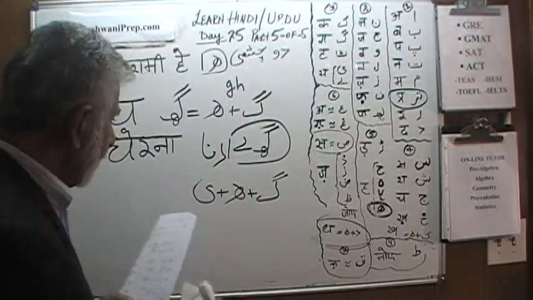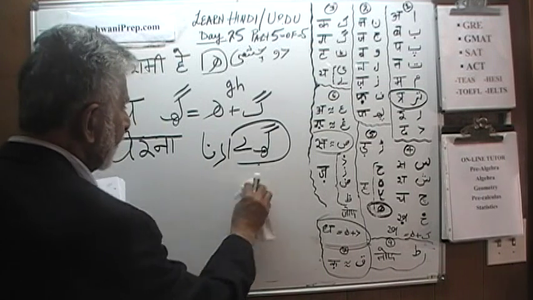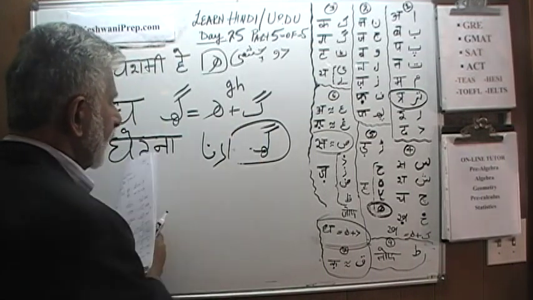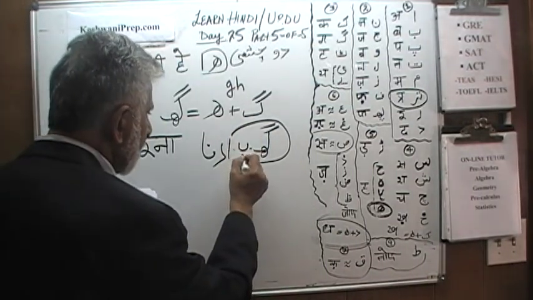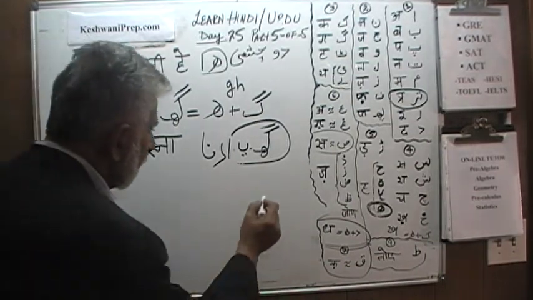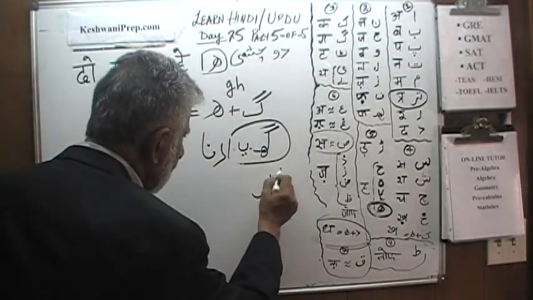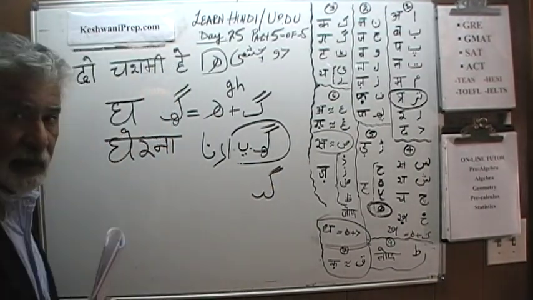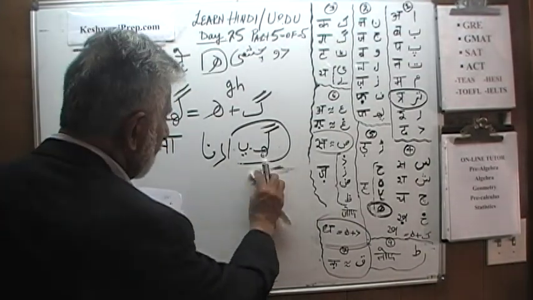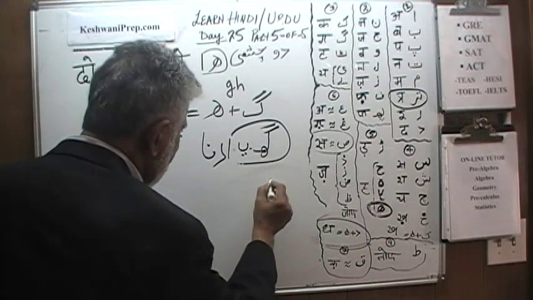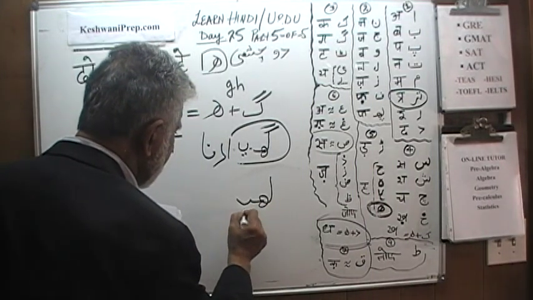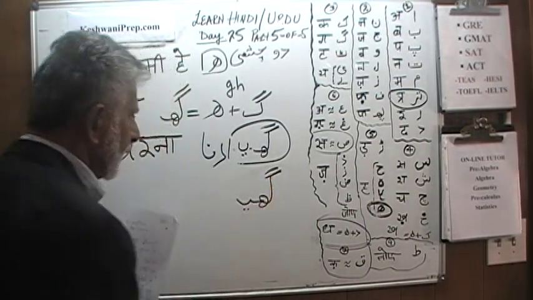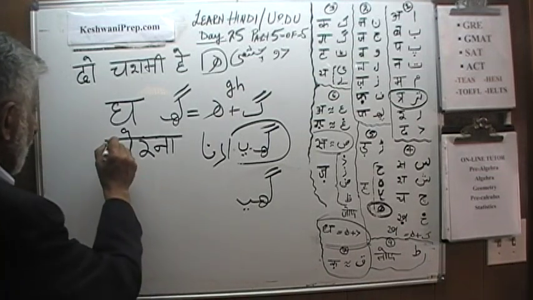Let's put them together, shall we? Again, this re is going to change the shape, and it's going to look like this. Oh, I was about to write gay. We don't need gay, we need gay. G and a ye. Gay. All of that is this part right here.